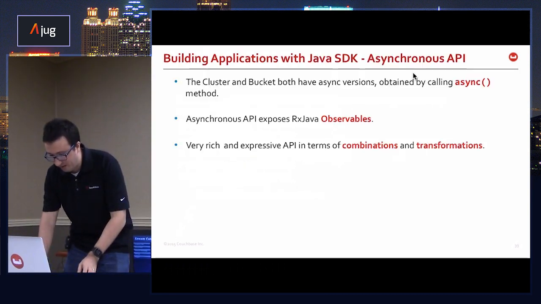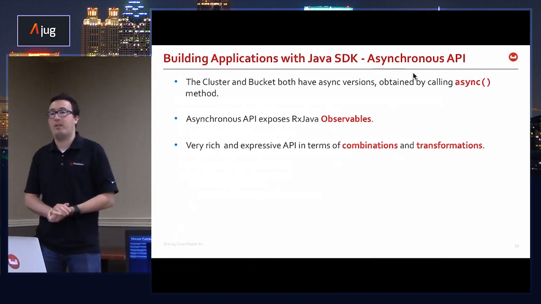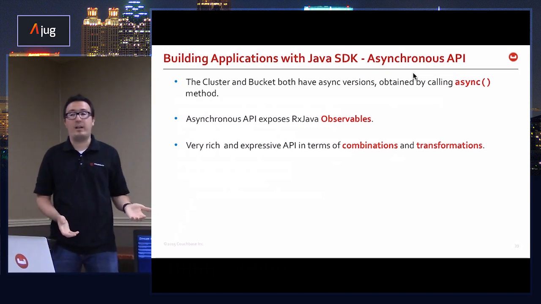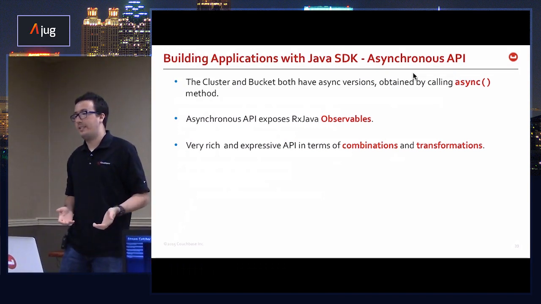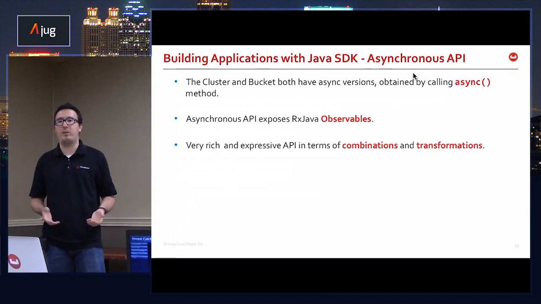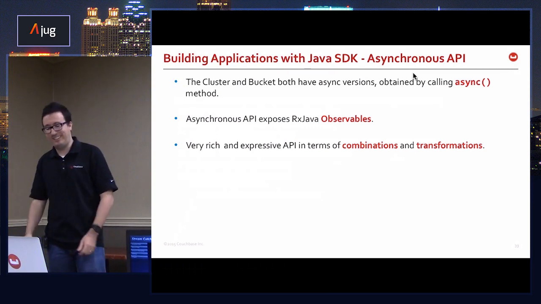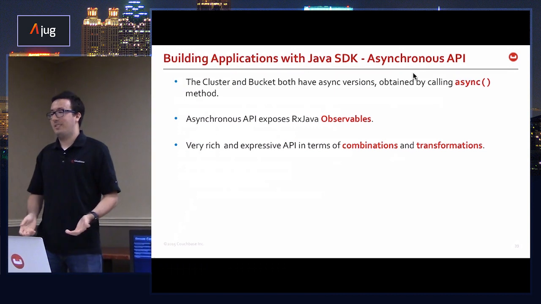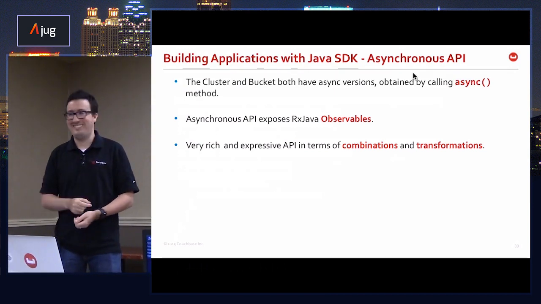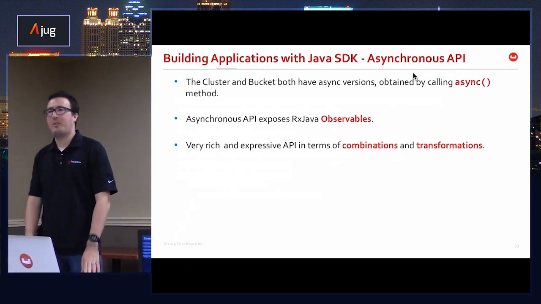The rest of the Angular functions are pretty much the same as this. So I'll skip over those and go briefly on the asynchronous part of the Couchbase SDK. The cluster and the buckets have a method called async, and it allows you to expose RxJava observables. Anyone familiar with RxJava? Only a little bit? All right. So with RxJava observables, you can do different operations on them.